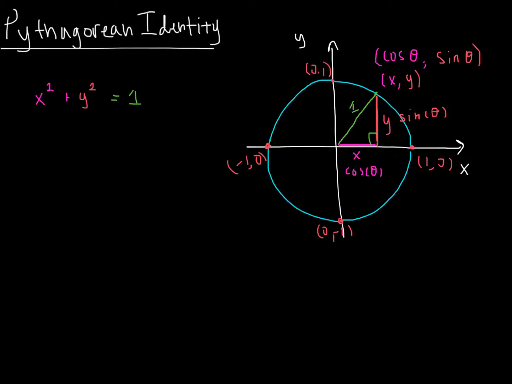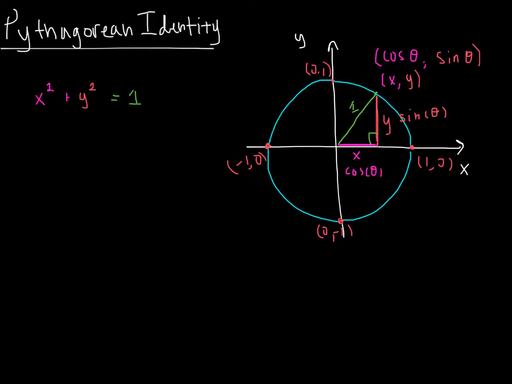I want you to pause the video again and rewrite this expression using cosine and sine of theta. The x distance is the cosine of the angle, and the x distance squared plus the y distance squared is equal to 1.